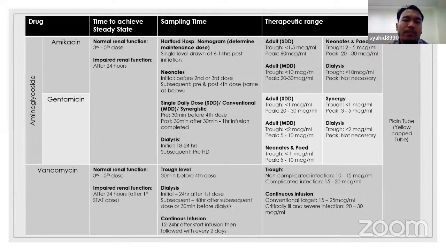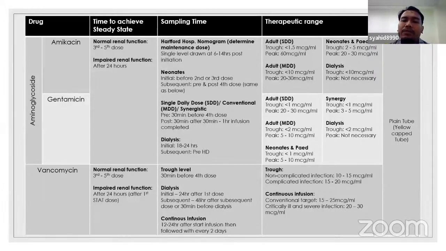Okay. For vancomycin, with normal renal function, we usually achieve steady state from the third to fifth dose, and with impaired renal function, after 24 hours. For sampling time, we recommend taking the sample 30 minutes before the fourth dose. For dialysis patients, usually 24 hours after the first dose, and subsequently 48 hours after the dose, or with recommendation from pharmacists.